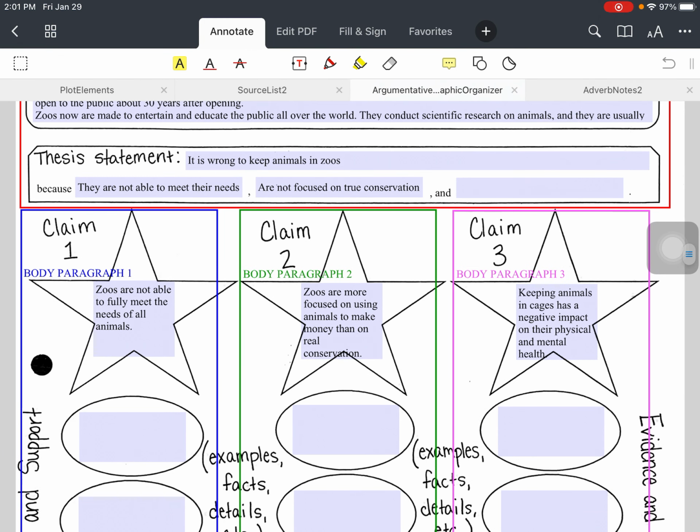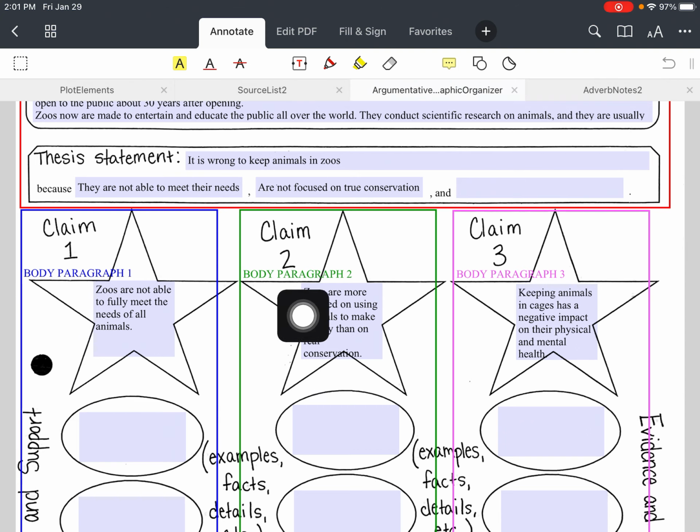Now that I have my 3 claims, I can go ahead and fill in my thesis statement. So remember, first I put my topic. It is wrong to keep animals in zoos because, and then I need to shorten this. So my claim 1 is zoos are not able to fully meet the needs of all animals. I said up here, they are not able to meet their needs, comma.